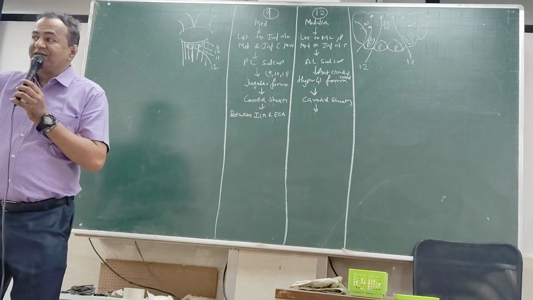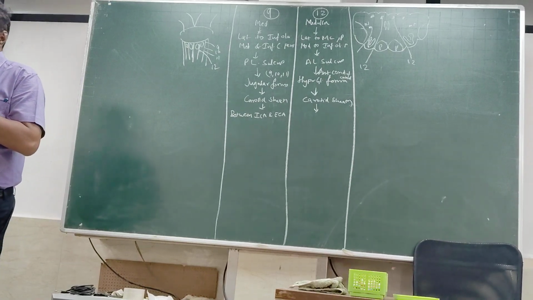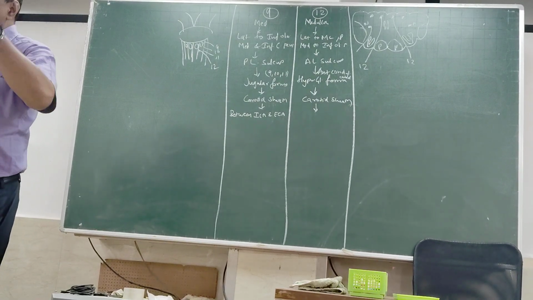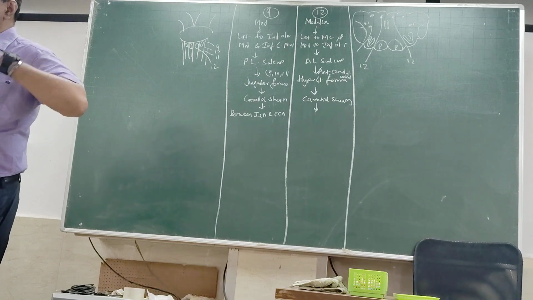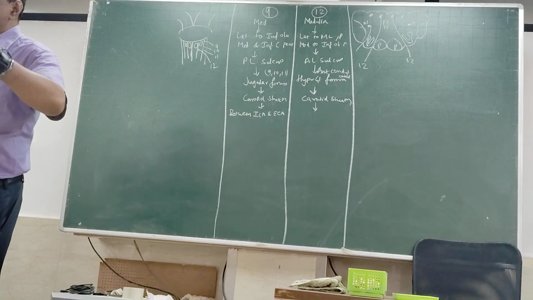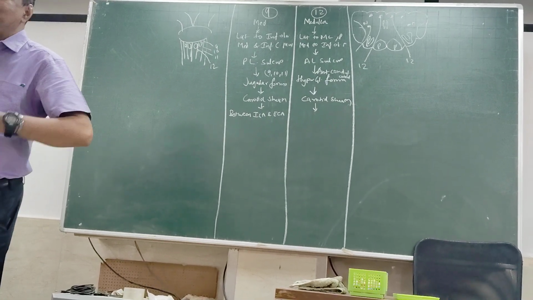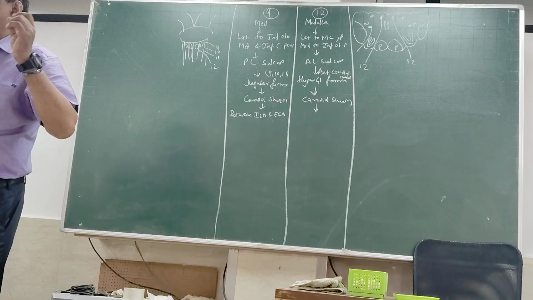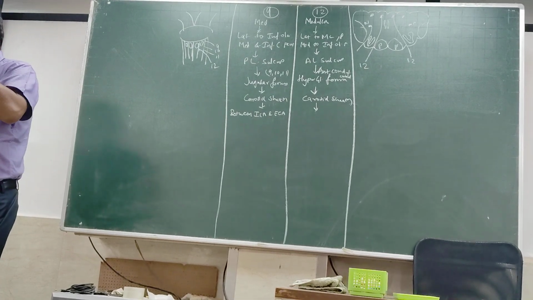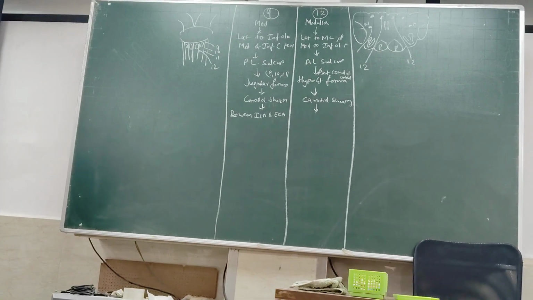We remember the structures passing between internal and external carotid artery: styloid process, stylohyoid, stylopharyngeus, glossopharyngeal nerve, pharyngeal branch of vagus, apex of the parotid, as we discussed. Okay.